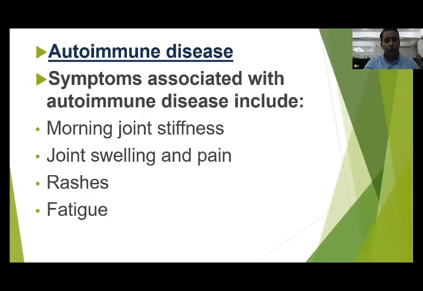As I told, for autoimmune diseases always take a history of joint pain, rash, and bleeding. Same, morning stiffness, which you see in a few diseases such as polymyalgia rheumatica and of course rheumatoid arthritis.